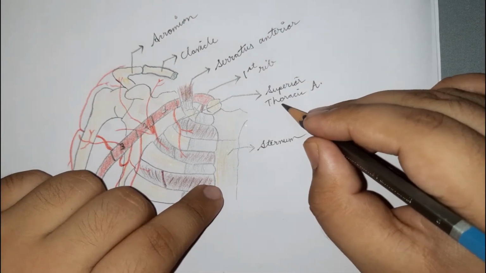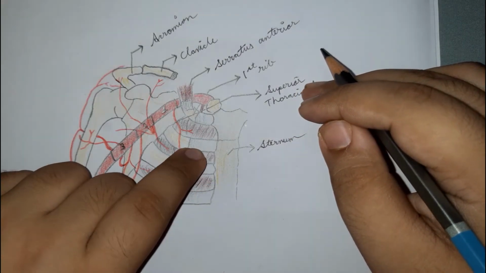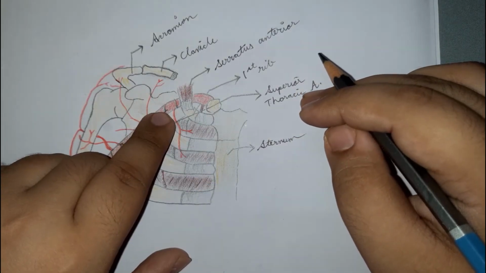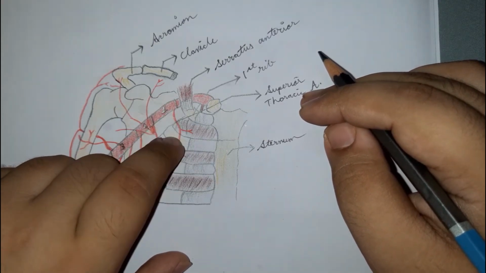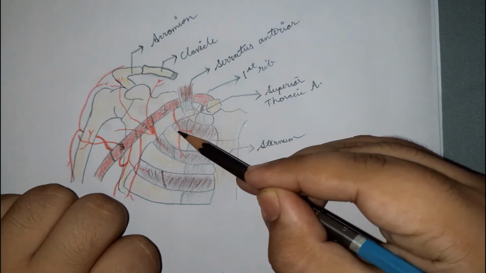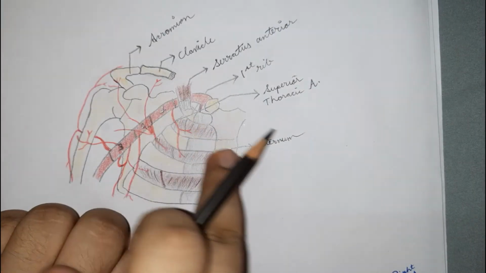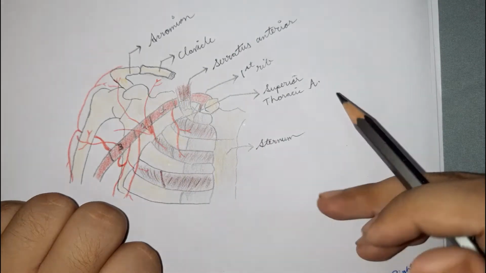As I just mentioned, thoracic, so obviously it has something to do with the thorax. And as I mentioned, it is a very small branch of the first part of the axillary artery, right? And as the diagram is suggesting, it is running downwards and a little medially as well.